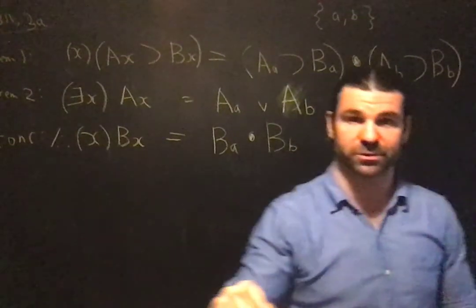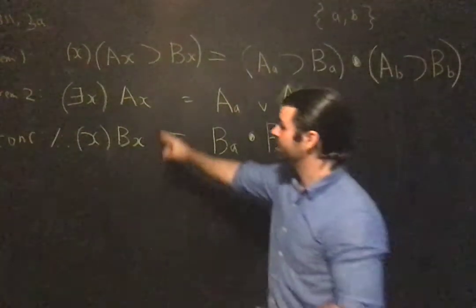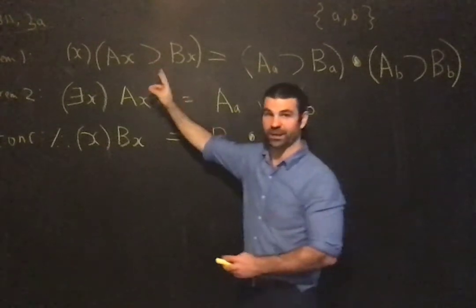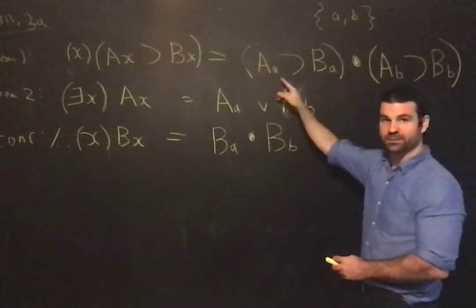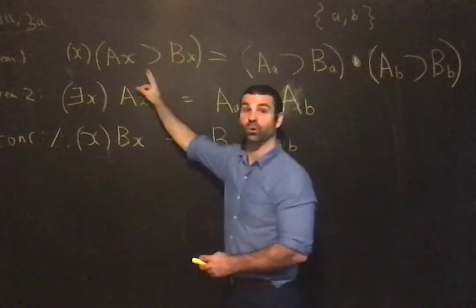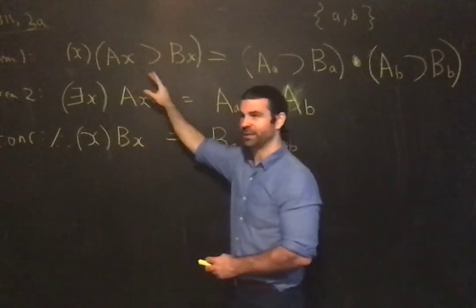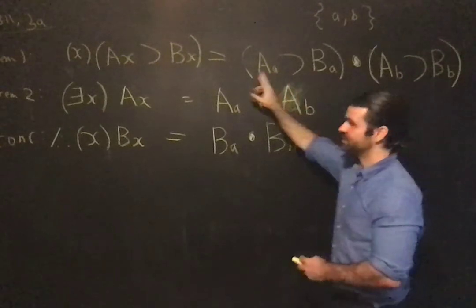For a domain of two individuals, A and B, what it means to say that all A's are B is to say that two things are true.